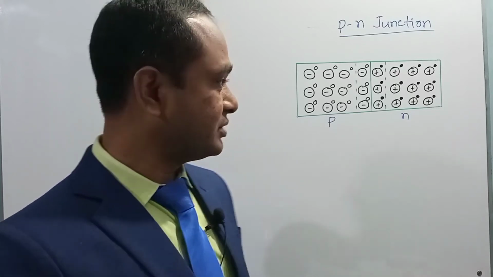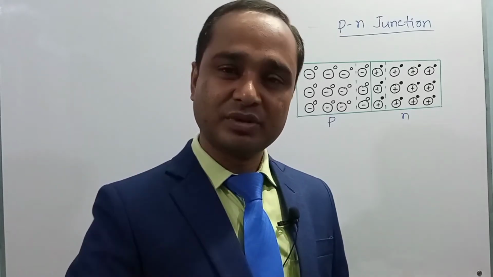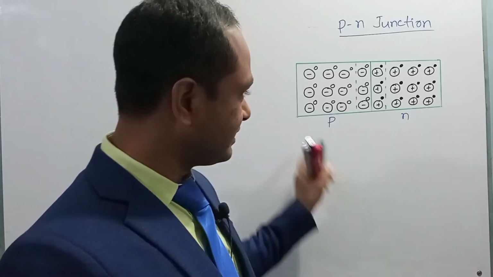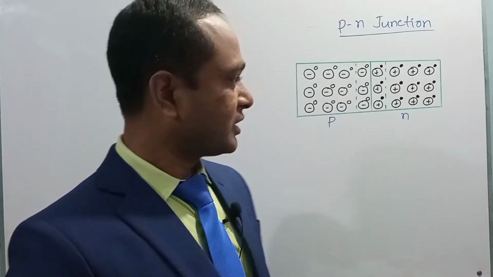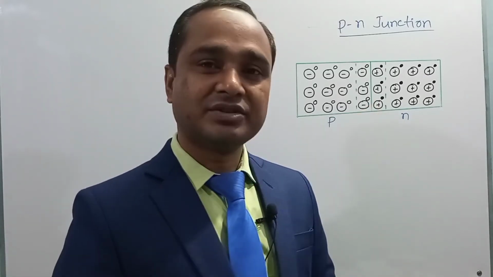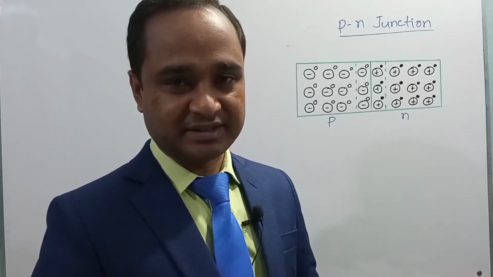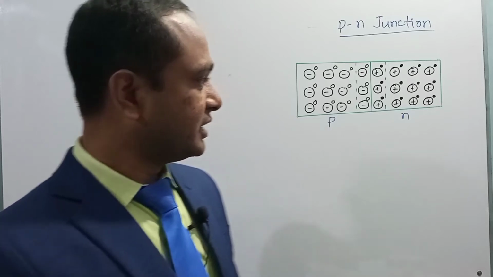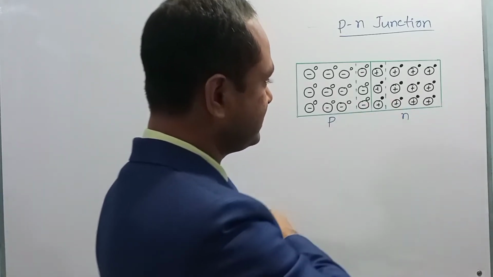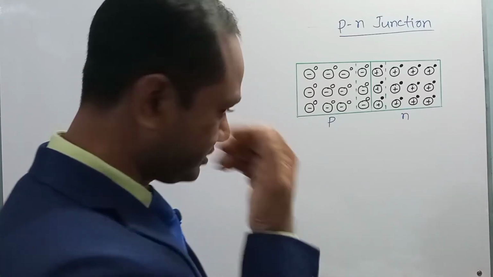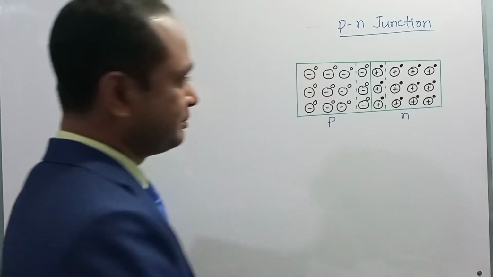In the p-type semiconductor, some holes are created which act like charge carriers, and in the n-type semiconductor some free electrons are created which act like charge carriers. If a p-type semiconductor and an n-type semiconductor are connected by a special process, then this is called a p-n junction.